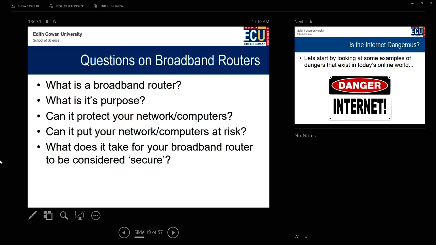If it is on default settings, it cannot, but if you implement security controls on your broadband router, it will. It has to, because it's the single entry point in your home. So, yes, it can protect your network and computers, provided you implement some security controls on that device.